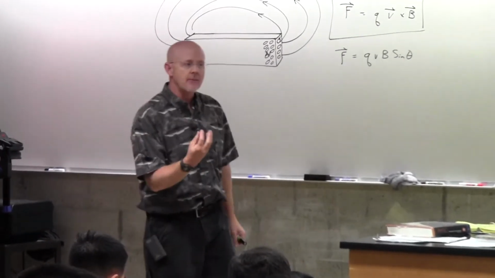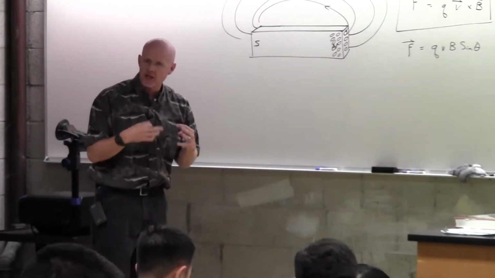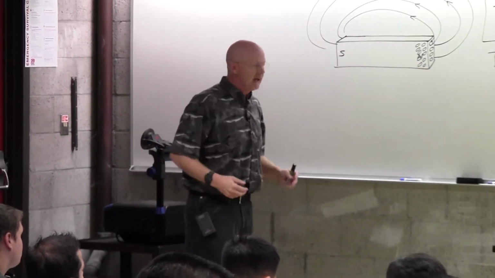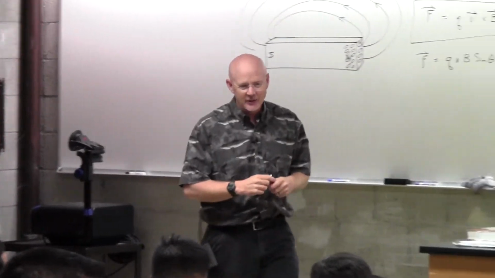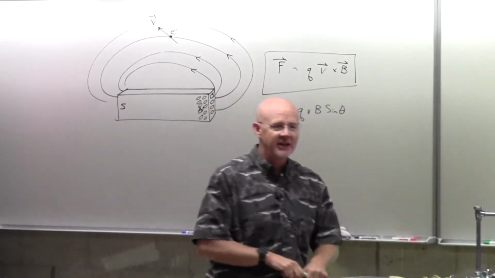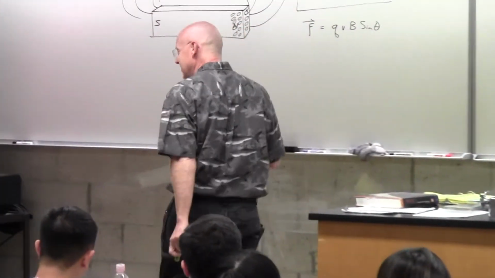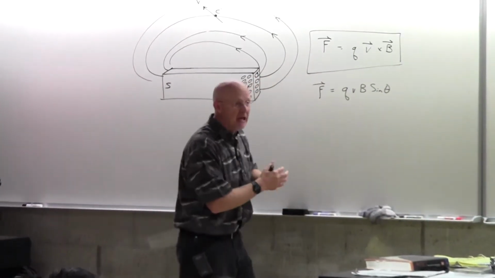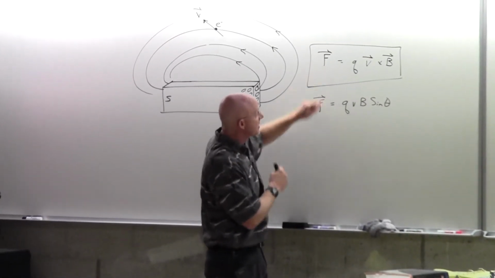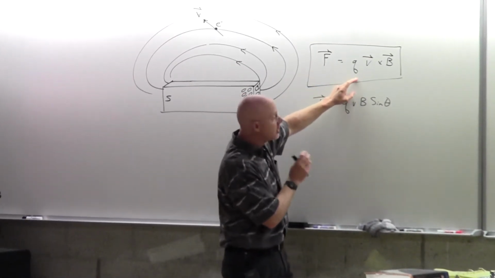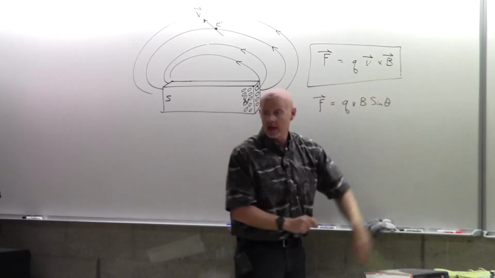If I could kind of summarize, this one doesn't work quite as well as the other chapters, but since I like to say it and you guys used to think it was funny, do you want to know all the answers to all the homework problems in this chapter? This is it. This is the fundamental idea that there is a force on a charged particle moving in a magnetic field.